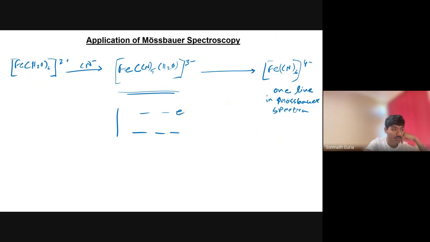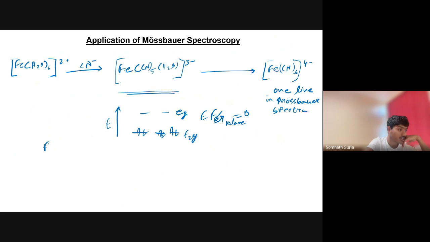This is the Eg, and this is the T2g. So in the d6 system, all electrons are paired, and then we don't have an EFG valence contribution, so it is 0.